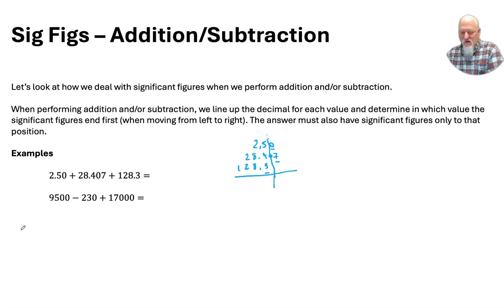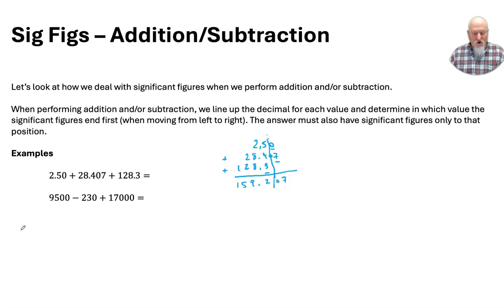So if I do this calculation, 2.50 plus 28.407 plus 128.3, because I'm adding all these, I get 159.207.